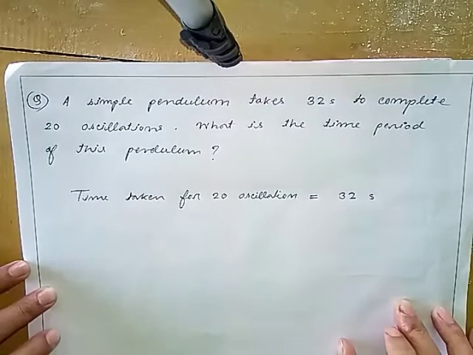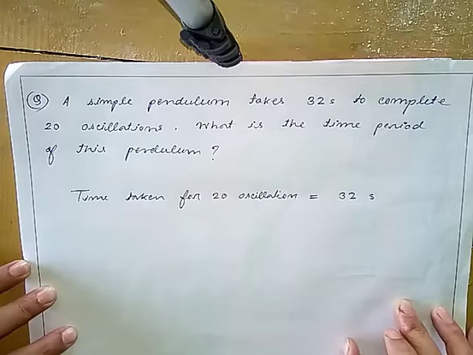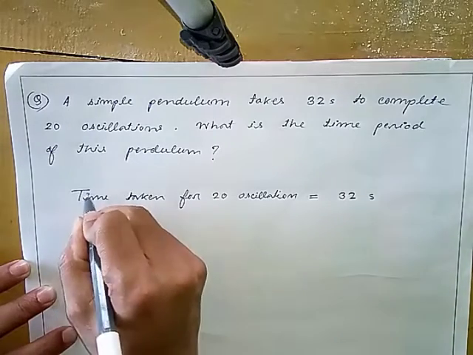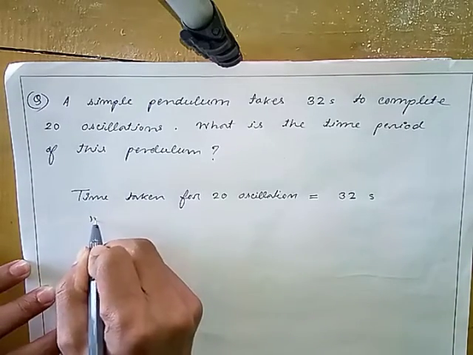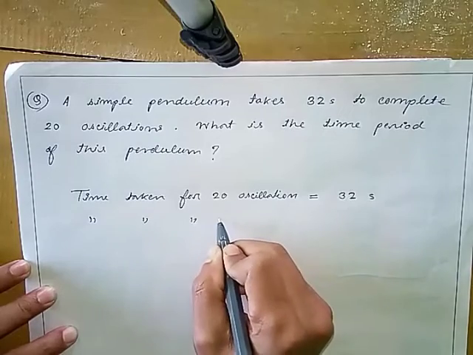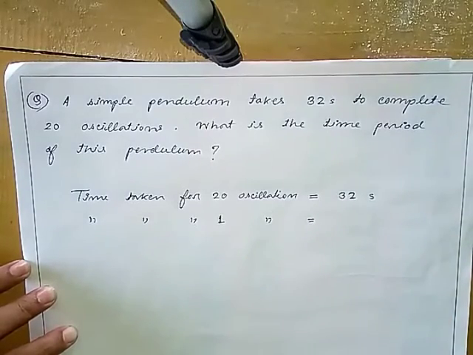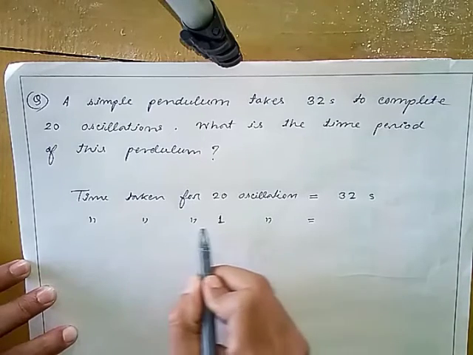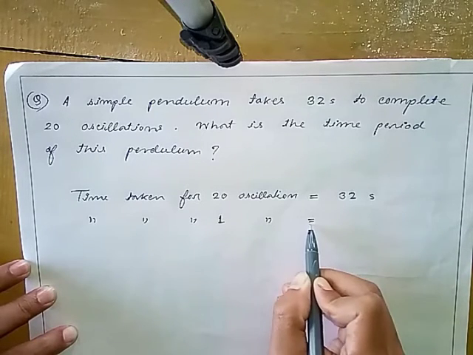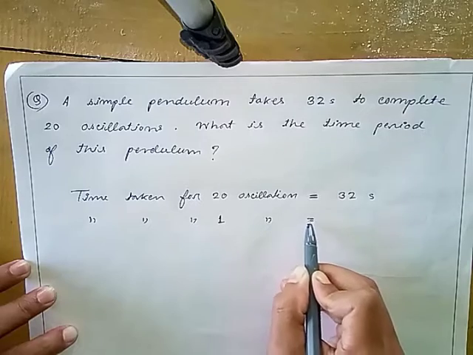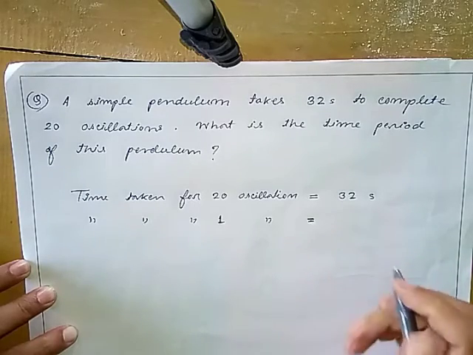For that, we have to find the time taken for one oscillation. If we find the time taken for one oscillation, then it will be our time period.